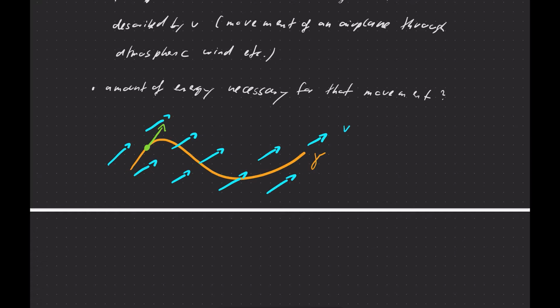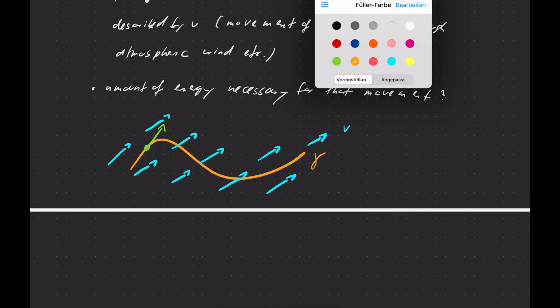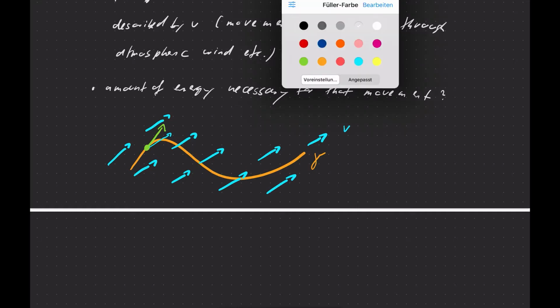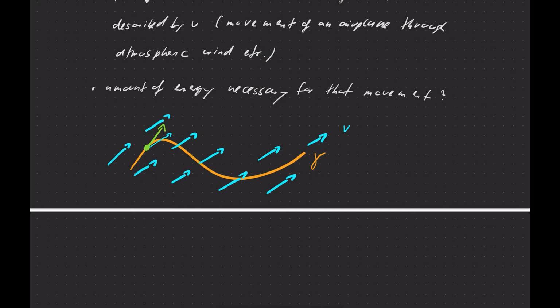And we want to know the amount of force that we experience at that point in time. So what we have to do is we have to consider the vector of the vector field that acts at that point, and we have to project that vector onto our direction of movement. So here is the right angle, and then the force that we actually experience is the length of this projection here.